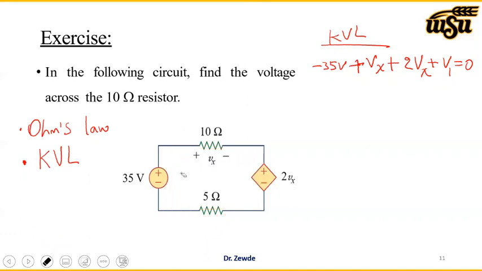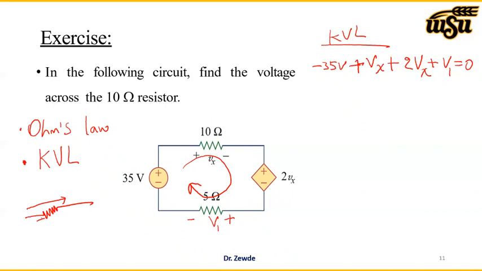Now we have the KVL that goes this way. And let's say this is V1, we assign plus and minus. Of course, if I have a resistor and the current is going this way, always this is positive and this is negative. That's true for a resistor.